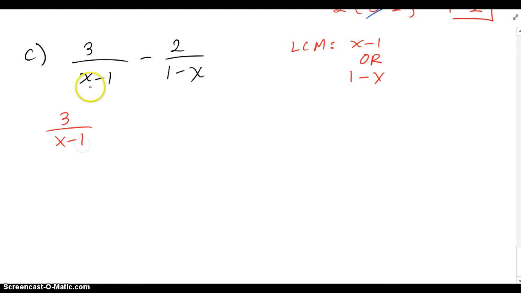I'm going to keep this one as is, and I'm going to change this one to look like the first case, x minus 1. So in doing that, I'm going to factor out a -1. And when I factor out a -1, remember it switches the minus x into a plus x, and it switches the 1 in the denominator into a minus 1.